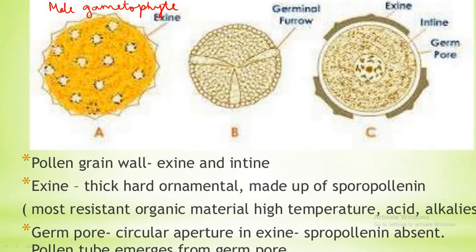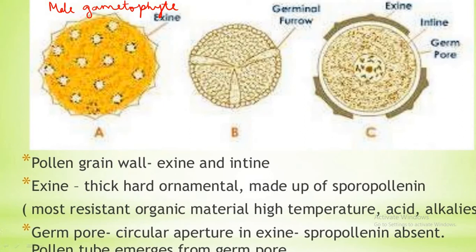So pollen grain is a haploid, uninucleate and minute spore produced in large number by meiosis in the microspore mother cells. Haploid means it has only one set of chromosomes. Uninucleate means it has only one nucleus, and they are minute spores which are produced in large numbers by the meiosis process in the microspore mother cells.